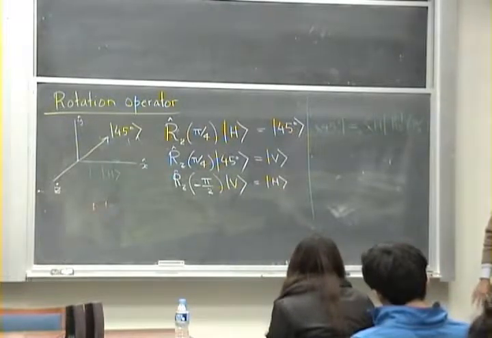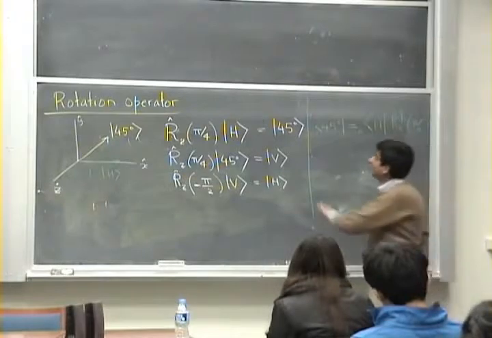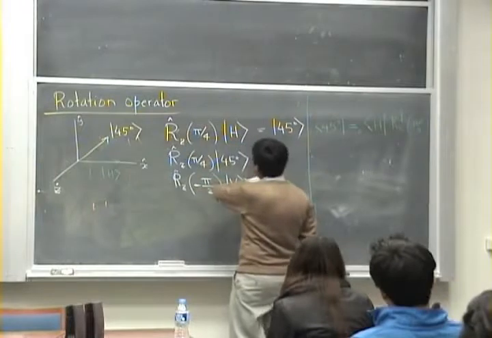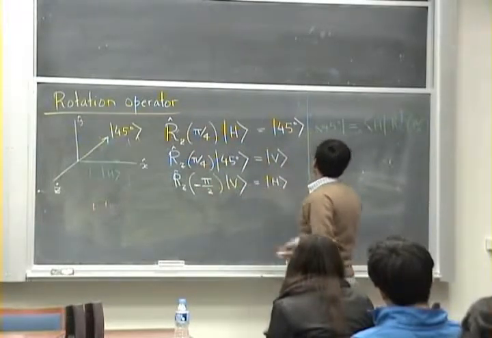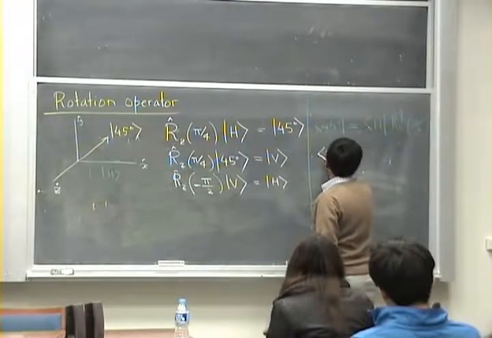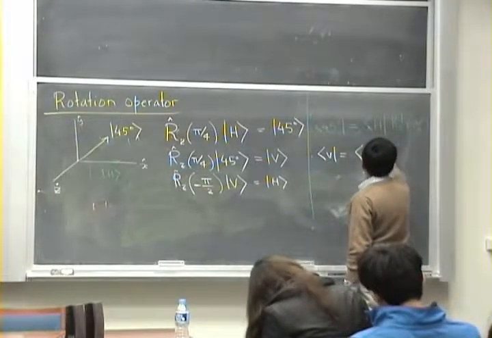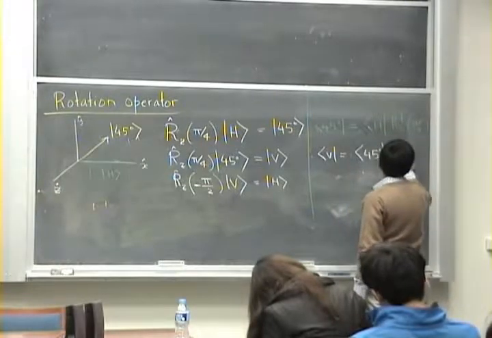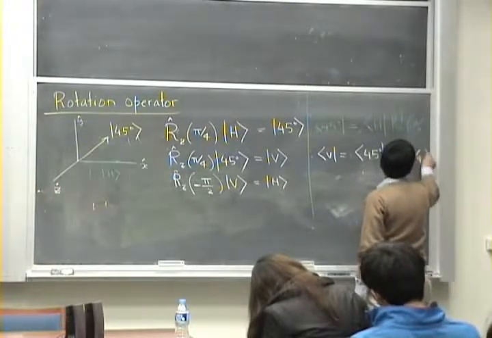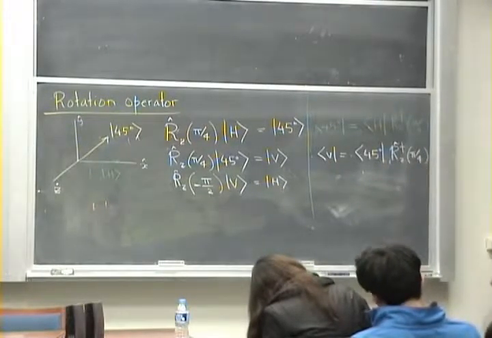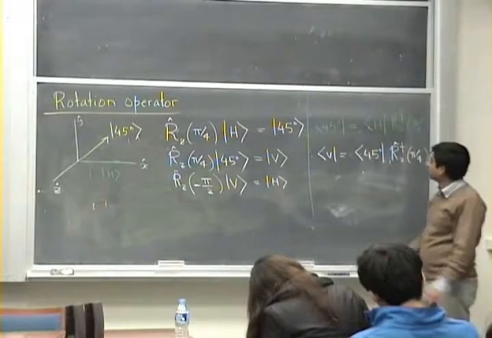The dual equation for this operator equation in the Hilbert space is bra V equals bra 45 degrees being acted upon by the operator Rz dagger. And now the operator is acting from the right. So this is all notation. We're building the formalism, we're building the recipe to understand quantum mechanics properly.